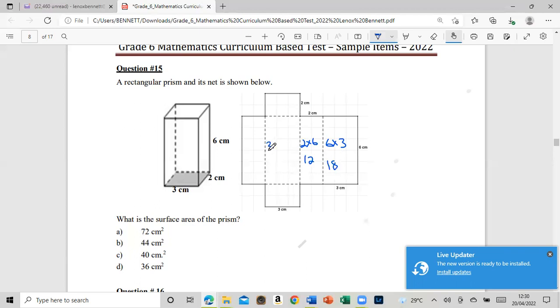So here again would be 3 by 6. This is 6, 2 by 6 again. This is a really awesome question. So that will work out to 12, and these are 18. And then now we're going to find the area for this.